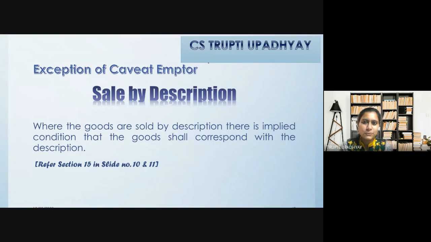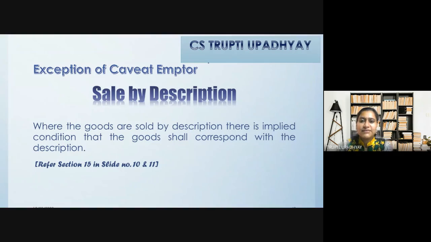The buyer specified or described that he wants the green one. I'm talking about the color of the packet, not the flavor. It's cream and garlic, the green one. So a green packet was demanded.